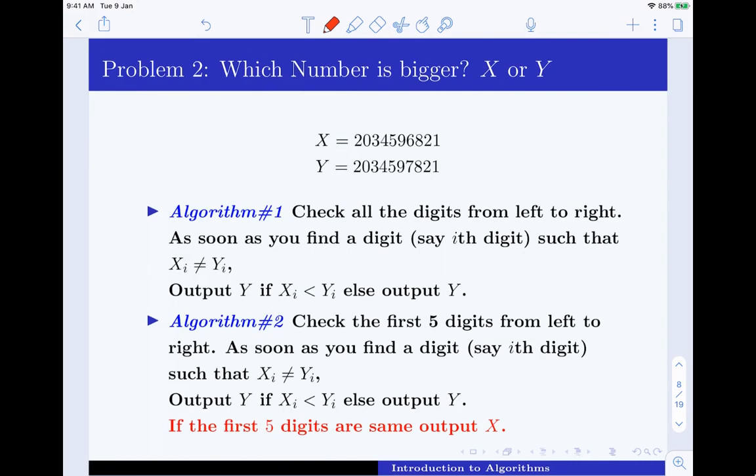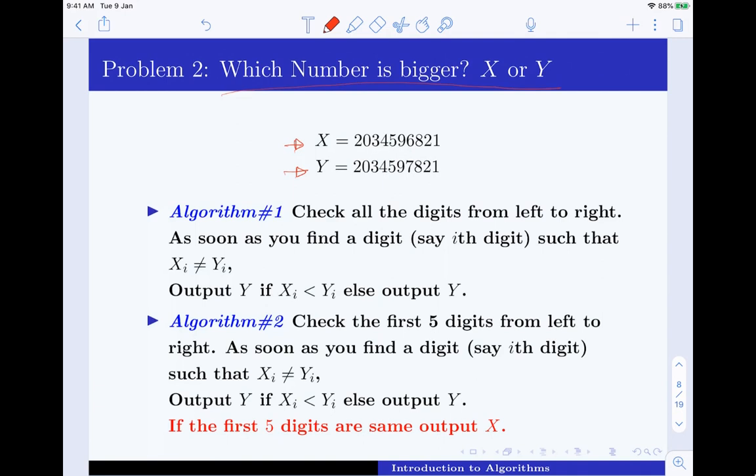Now, reducing resources is one of the main ideas of algorithms. But here is a very simple algorithm and a simple problem. Namely, you have been given two numbers, x and y, and the goal is to check which number is bigger. Is x bigger or is y bigger?